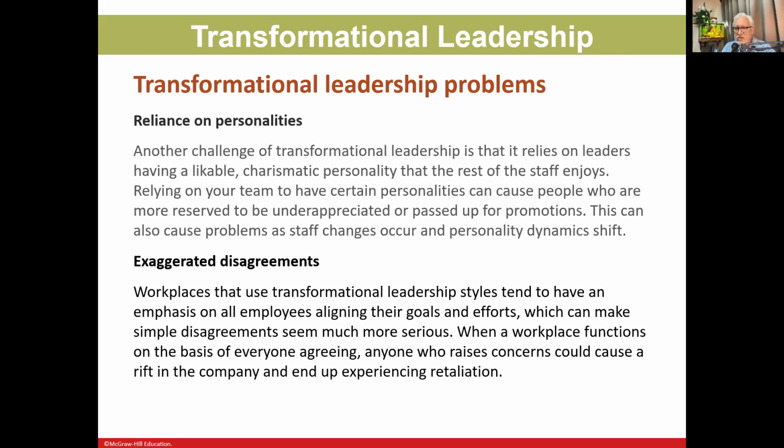In any organization, one can expect that there are going to be people who have a point of view which differs from others. In a transformational or charismatic setup, what we're doing by creating an in-group and an out-group, with the in-group following the leader and the out-group being those who question the leader, the disagreements or the contradictions in perspective get massively exaggerated.